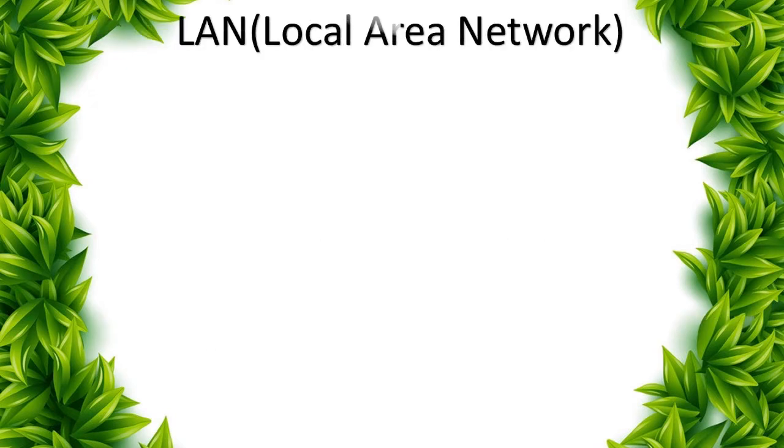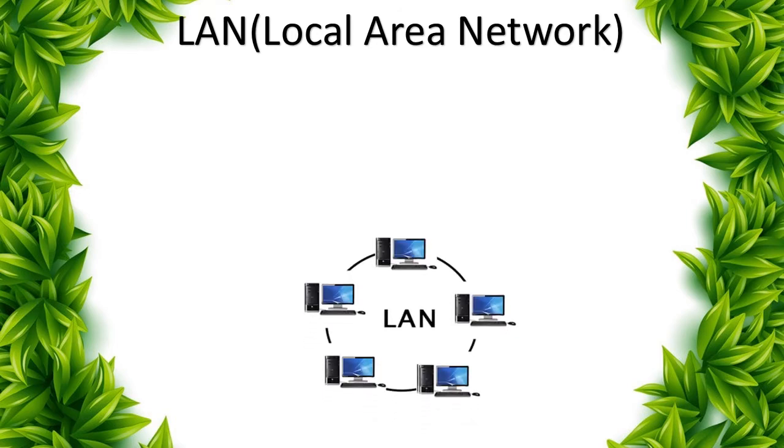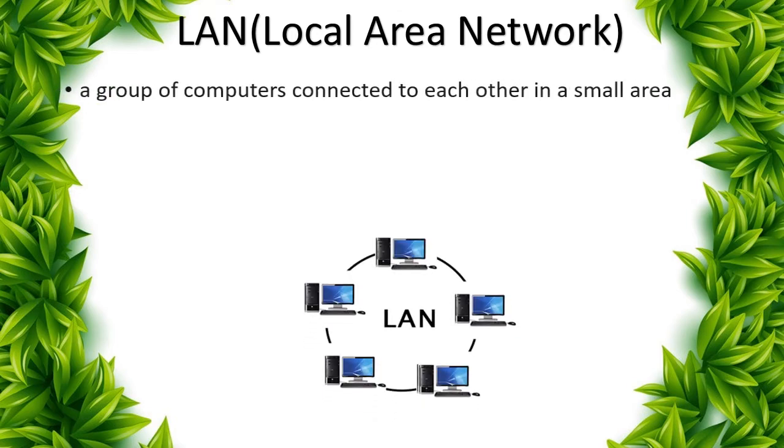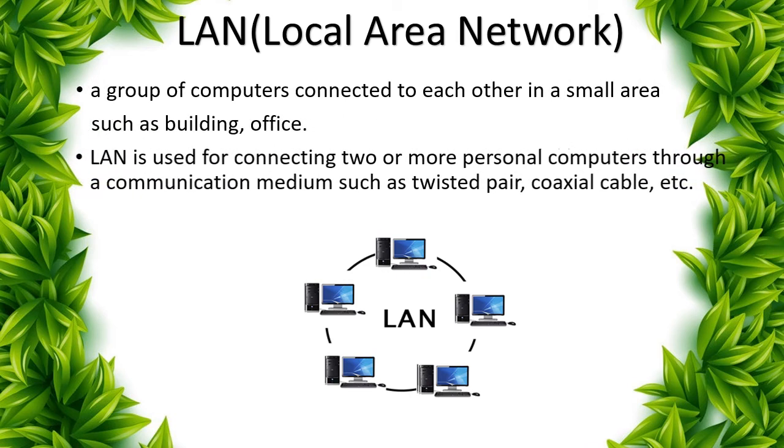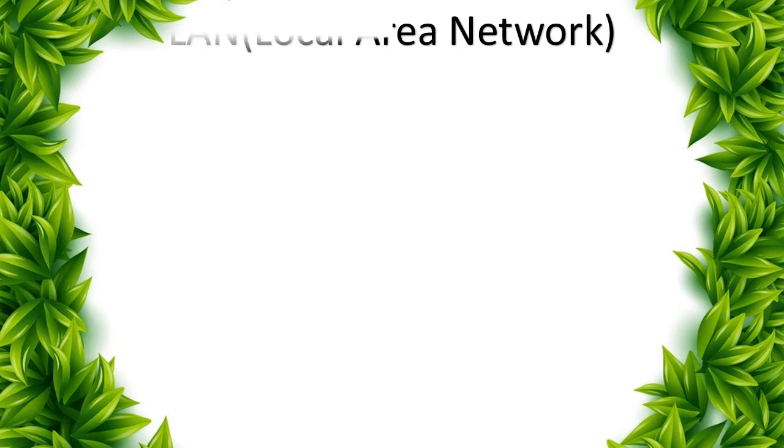And next is the local area network. A group of computers connected only within a building, a small area, is the local area network. What communication mediums are used for this? Twisted pair and coaxial cable. Then you can connect one system to another within a college campus or university campus.